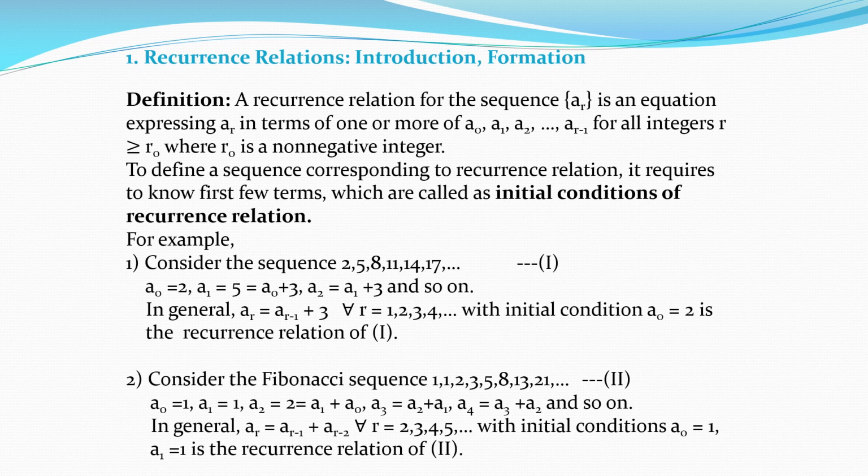A recurrence relation for the sequence a_r is an equation expressing a_r in terms of one or more of a_0, a_1, a_2, ..., a_(r-1) for all integers r greater than or equal to r_0, where r_0 is a non-negative integer. So, what is a recurrence relation?